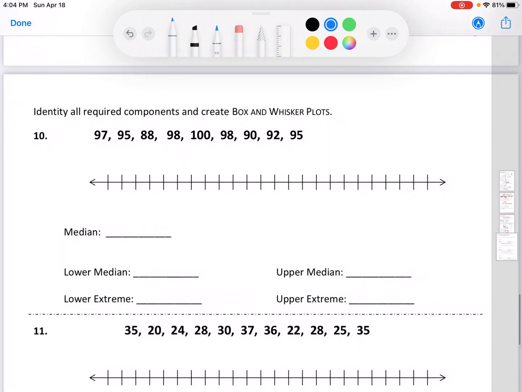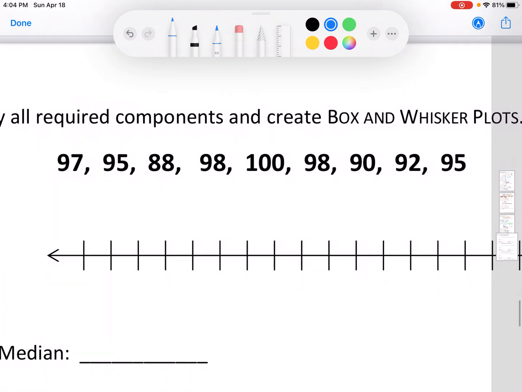All right, so now they want us to identify the points and plot them. So I'm going to put these numbers in order from least to greatest.